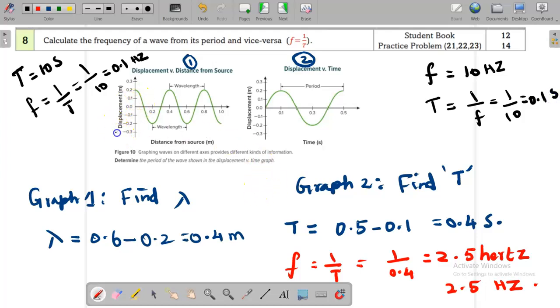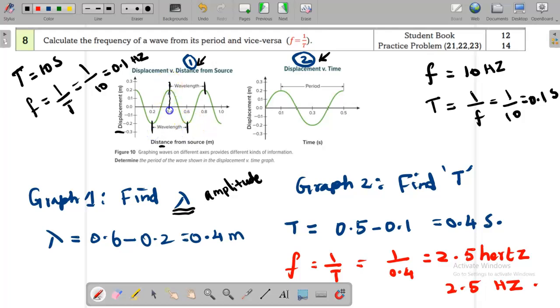Now we have a graph, displacement distance graph, graph number 1, displacement time graph, graph number 2. From the graph number 1, we can find lambda and also amplitude we can find. The wavelength from the crest to crest or trough to trough.